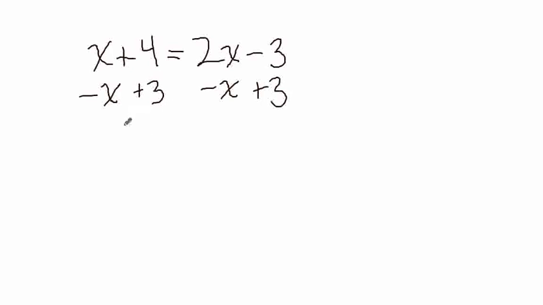On the left side, we will have a 7 left over. On the right side, we'll have a single x left over. After making those adjustments, it should be pretty clear that the value of the mystery variable that satisfies both sides is 7. In fact, if you replace the x in the first equation with 7, you'll see that both sides are indeed 11.